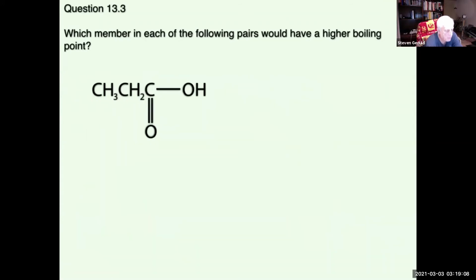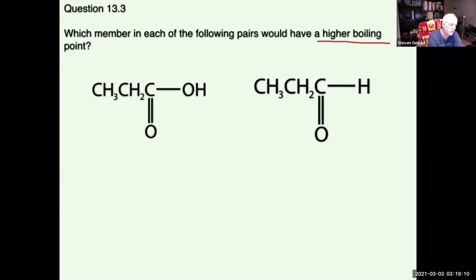Okay, higher boiling points now, not solubility. It's the same principle, actually. So which one's going to have a higher boiling point, either 1 or 2, A or B?